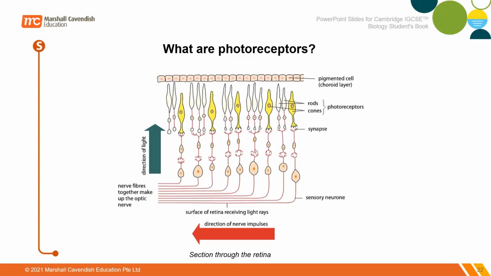Photoreceptors they will accept light، وبما انهم two types اكيد كل type ليه separate function.